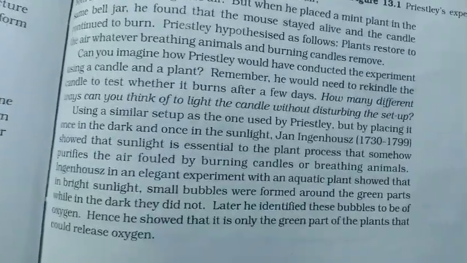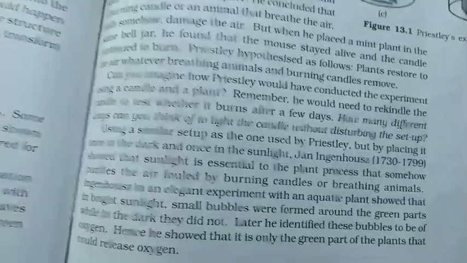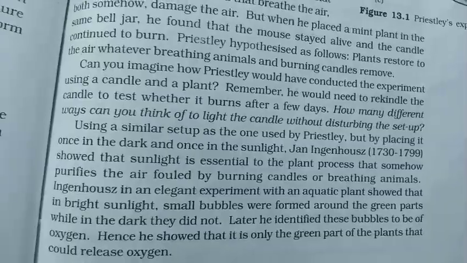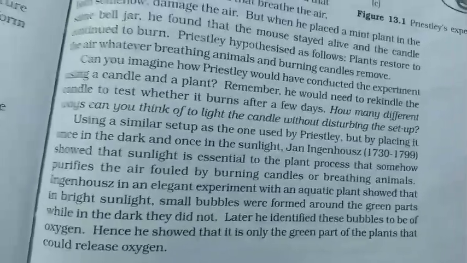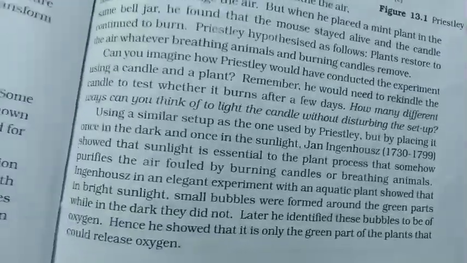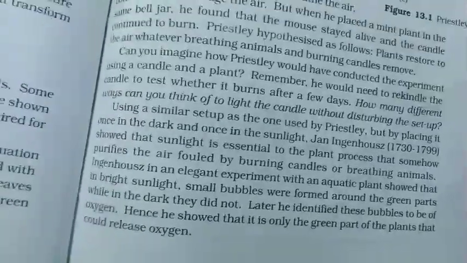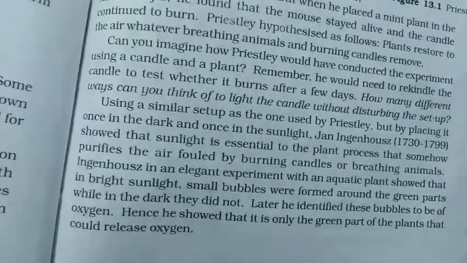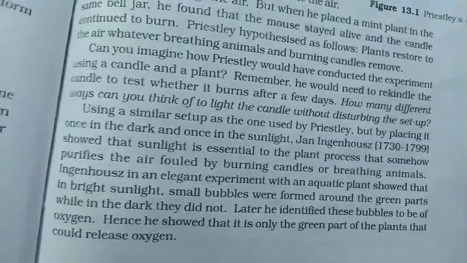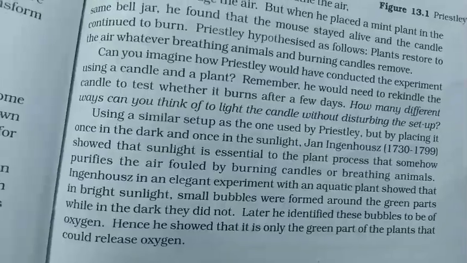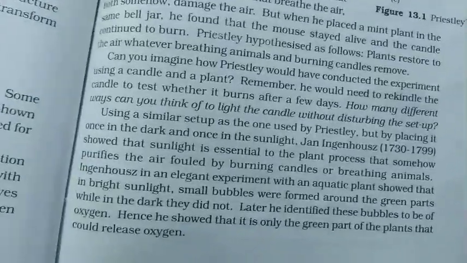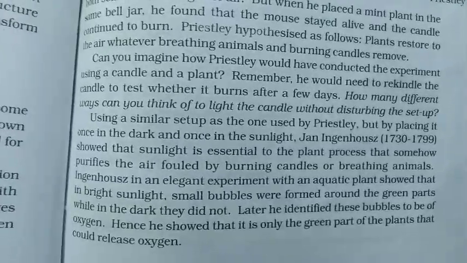Ingenhousz, in an elegant experiment with an aquatic plant, showed that in bright sunlight some bubbles were formed around the green plants, while in the dark they did not. This showed the essentiality of light for photosynthesis. Later he identified these bubbles to be oxygen, and hence he showed that it is only the green part of the plants that could release oxygen.